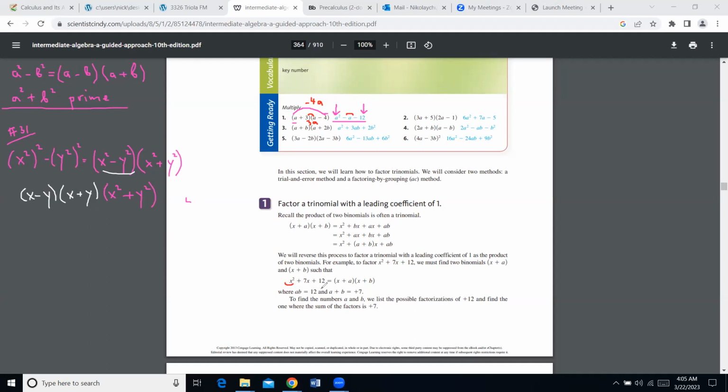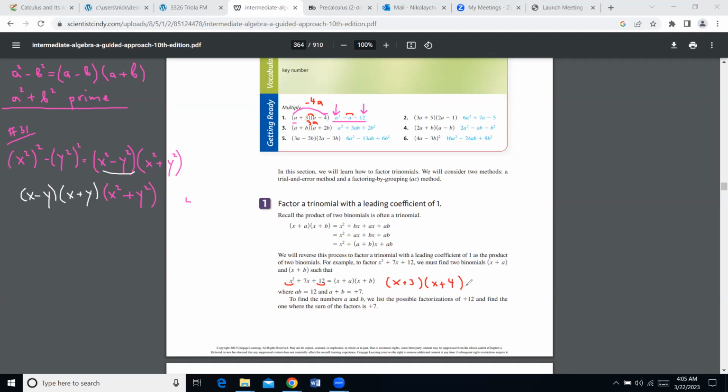So looks like we're going to have x squared and 12 factored with 3 and 4. You can imagine factors of the first term x squared, which is x multiplied by x, and then factors of 12 will be positive 3 multiplied by positive 4, just like that.